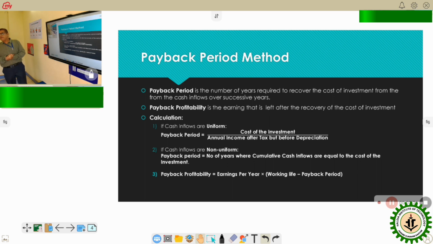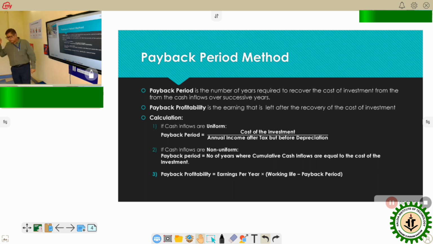Now, payback period can be calculated simply by dividing the cost of investment by annual income after tax but before depreciation, the income generated per year, provided the cash flow is uniform. That means you are getting the same amount every year. In that case, it is possible to use this formula to directly calculate the payback period.